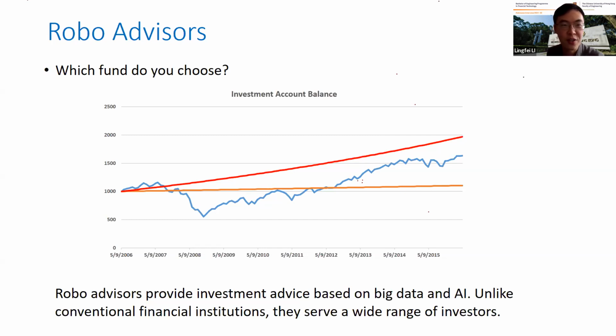Okay, robo-advisors are not human advisors. They are some kind of apps. You download the app on your phone or your computer, and then you open an account with them. And then the app will ask you questions to understand your investment needs, like what is your investment goal, what is your investment horizon, what is your tolerance about risk, any specific requirements.